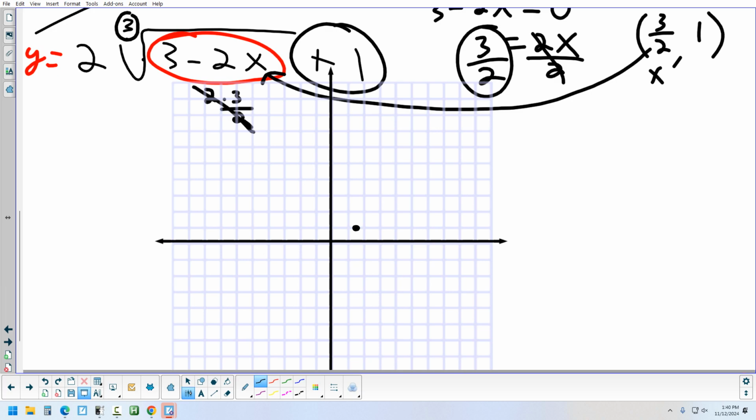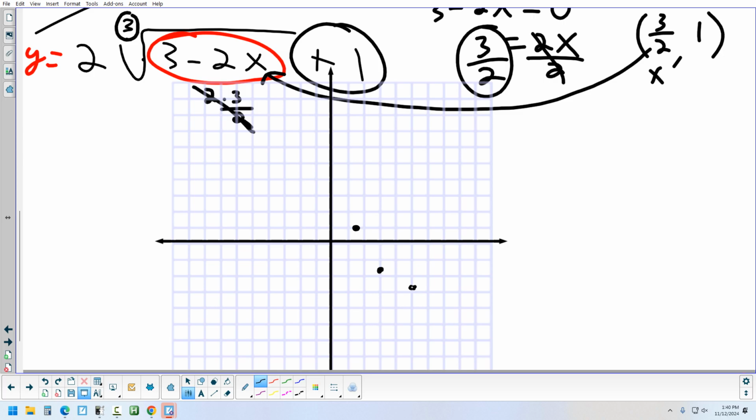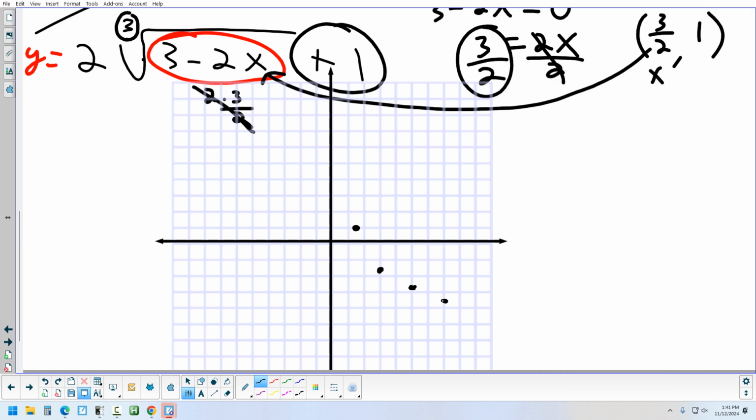What would be another good one? 5. So we could check that one. So 5, we're at negative 2.8. 1, 2, about right there. And what would be one more good one? 7. Sure, 7. So 7, negative 3.5. Okay, so that's good for the right.